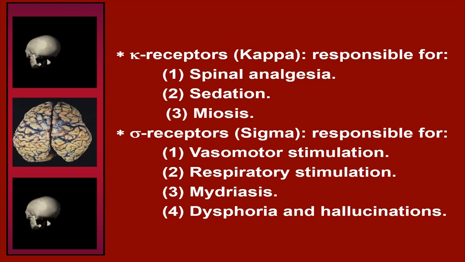The third type is kappa receptors, whose stimulation results in spinal analgesia, sedation, and miosis. In the past, sigma receptors were considered a type of opiate receptor, and their stimulation is responsible for vasomotor stimulation, respiratory stimulation, mydriasis, dysphoria, and hallucinations.